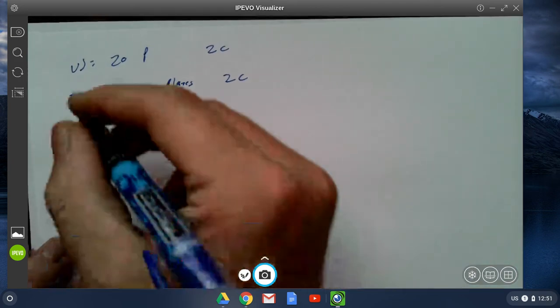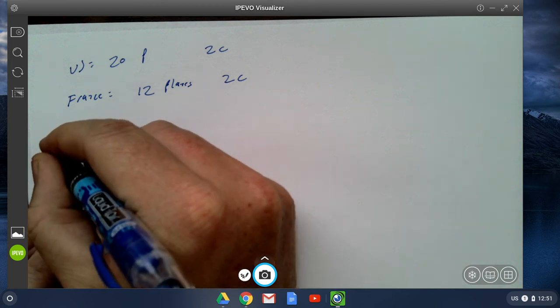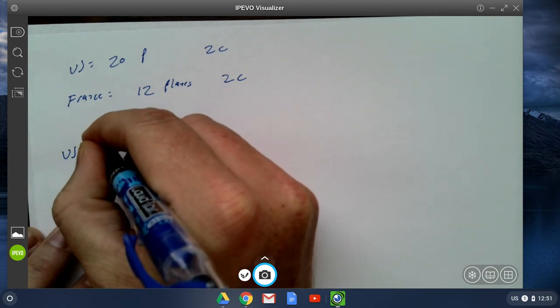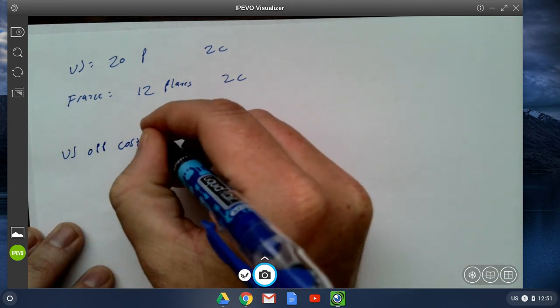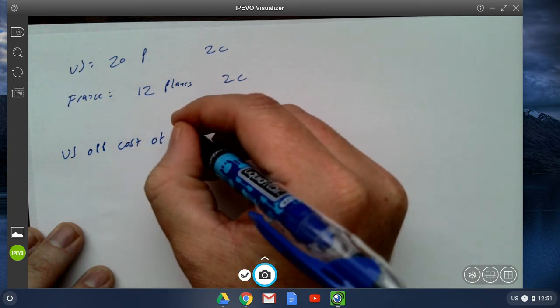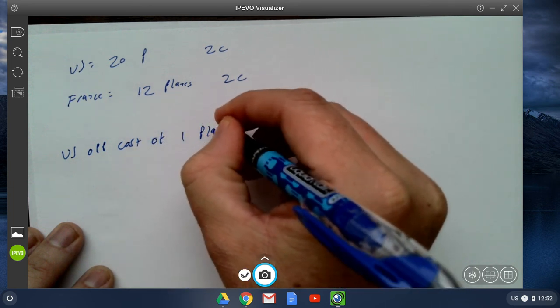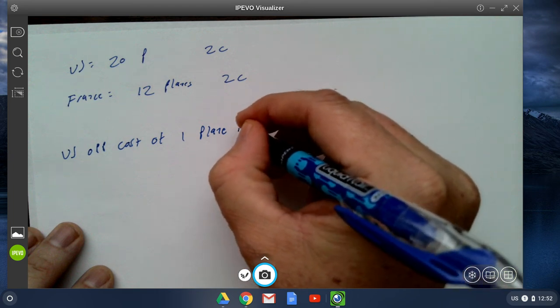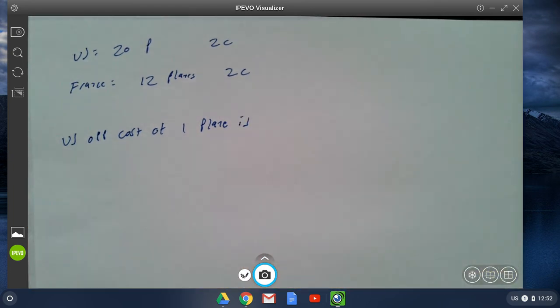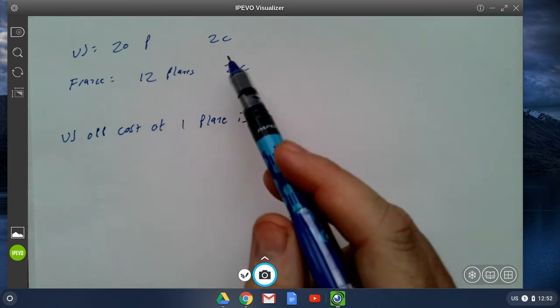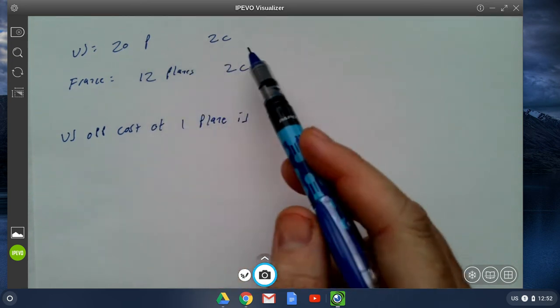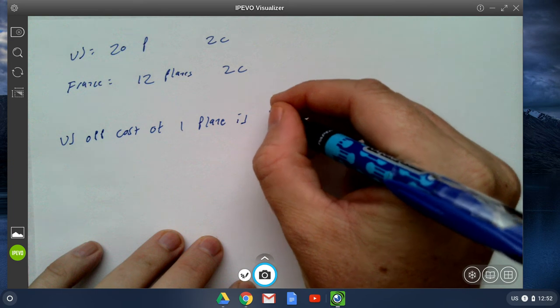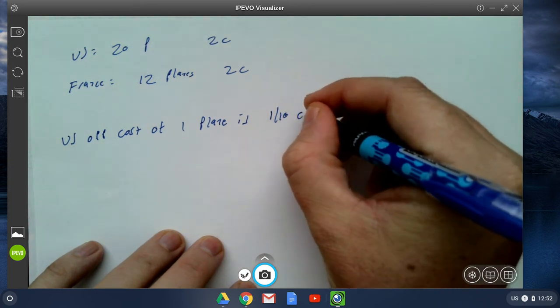Okay, so US opportunity cost of one plane is, for every plane they make, they can make 10 times as many planes, which means they're going to give up 1/10 of a cruise ship.